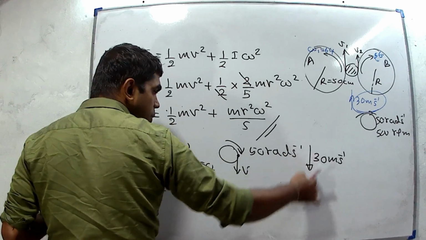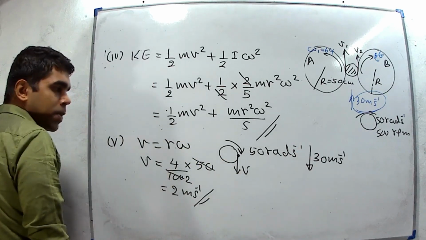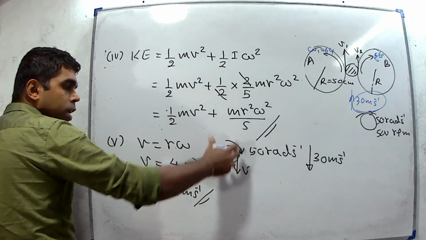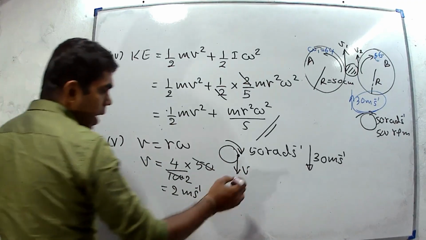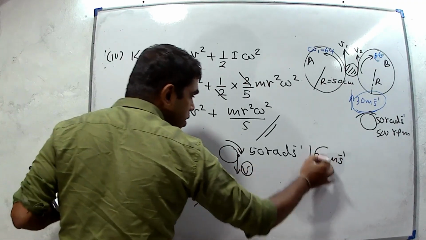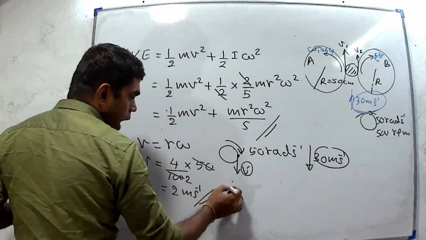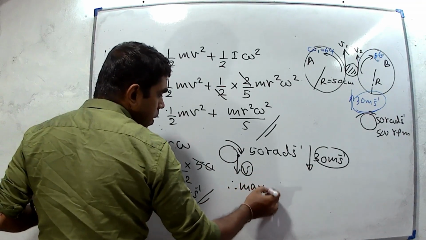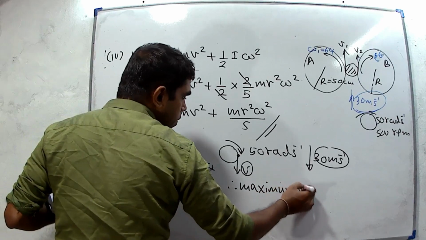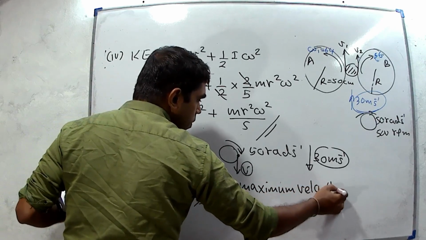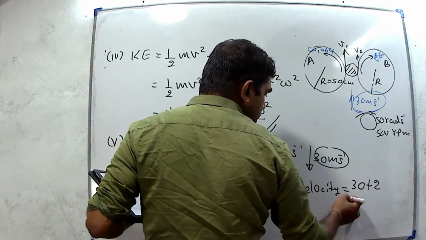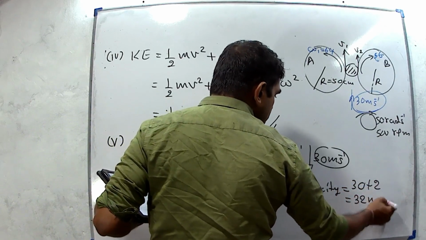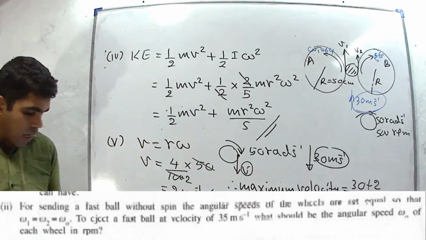The first one is due to linear motion, 30 meters per second. The second one is due to rotational motion, v. Now we have to get the maximum velocity as the sum of these two velocities. Therefore, maximum velocity is 30 plus 2, 32 meters per second.